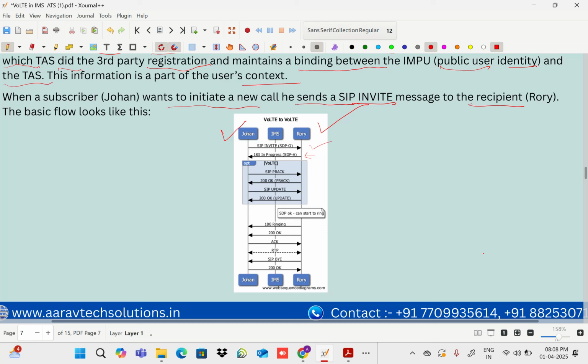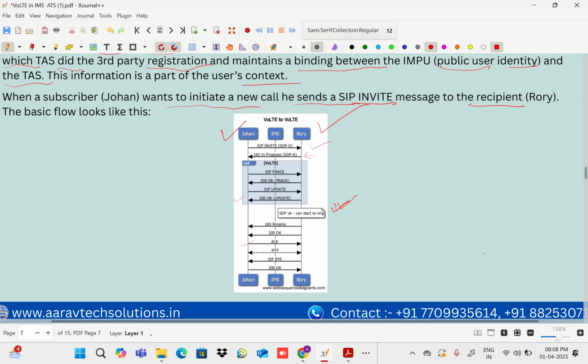Then John is sending SIP UPDATE along with our SDP, and based on the UPDATE, Rory sends 200 OK, matches the SDP criteria and can start the ringing. And finally John receives 180 Ringing, and Rory also sends 200 OK.